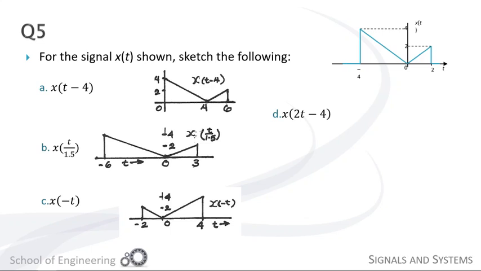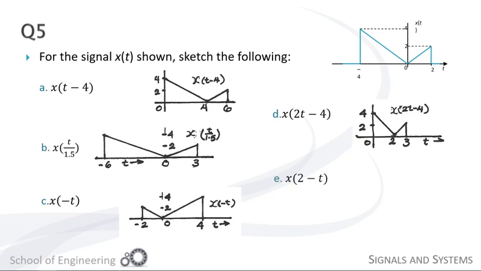Yeah, that means it compresses it by a half. So 0 stays the same, 4 will go to 2, 6 will go to 3. You get that, compressed. You guys getting the hang of it now? It's important that you do.